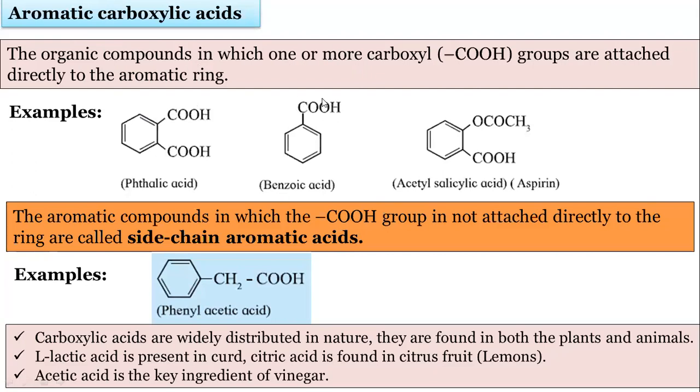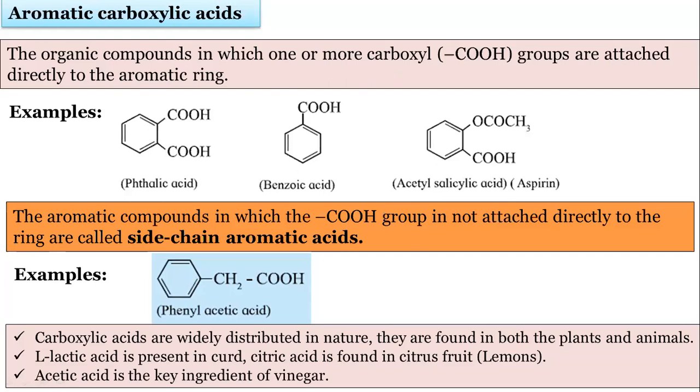In that chapter, these examples are already learned. Then this is aspirin, acetyl salicylic acid. This is also prepared in chapter 11, alcohols, phenols and ethers. You know, aspirin is a very nice drug, an antipyretic and analgesic, in which an acetyl group, OCOCH3, is there, and one COOH. So this is also an example of carboxylic acid.